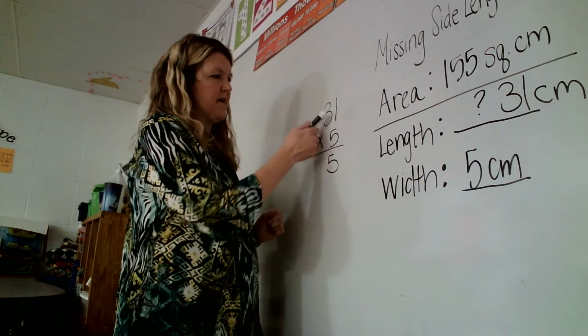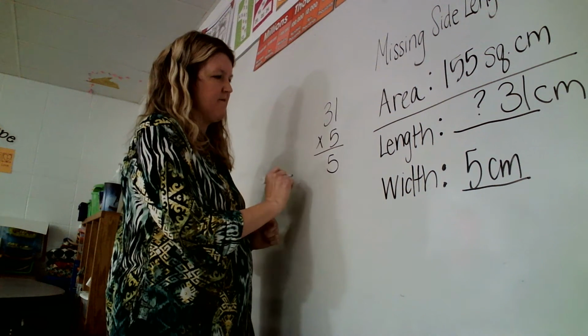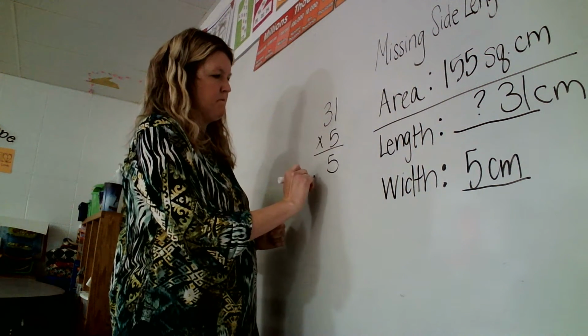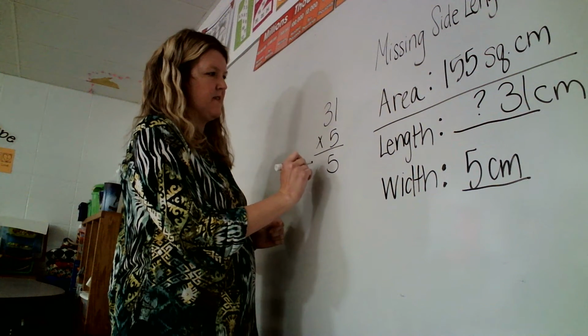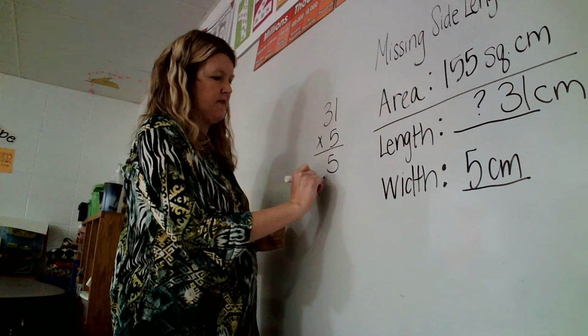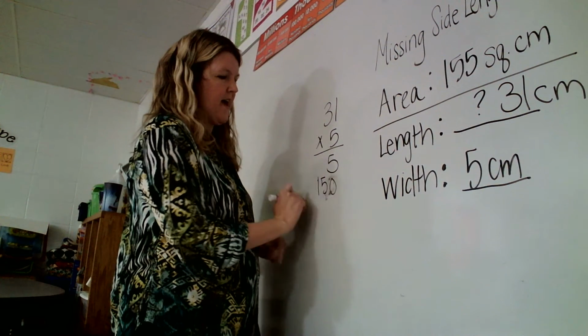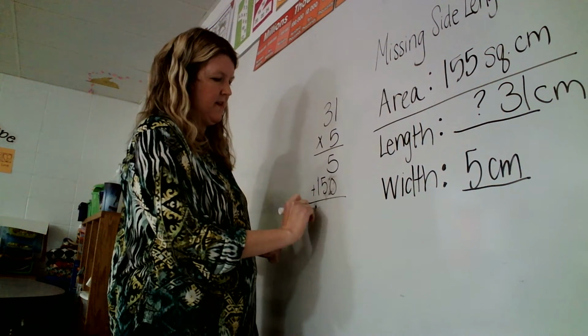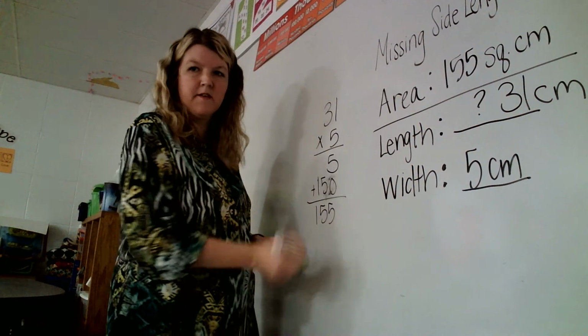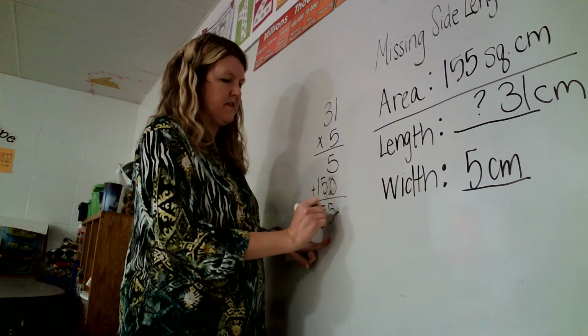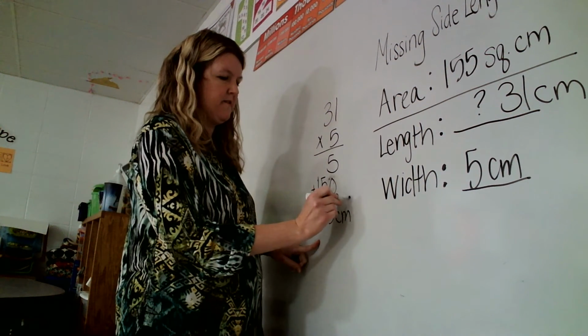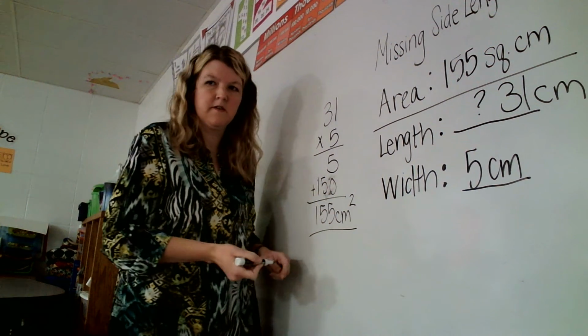And then if I do 5 times 30, since 5 times 3 is 15, 5 times 30 is going to be 150. So if I add 5 plus 150, I do get 155. And then, just remember, since this was area, this is 155 square centimeters.